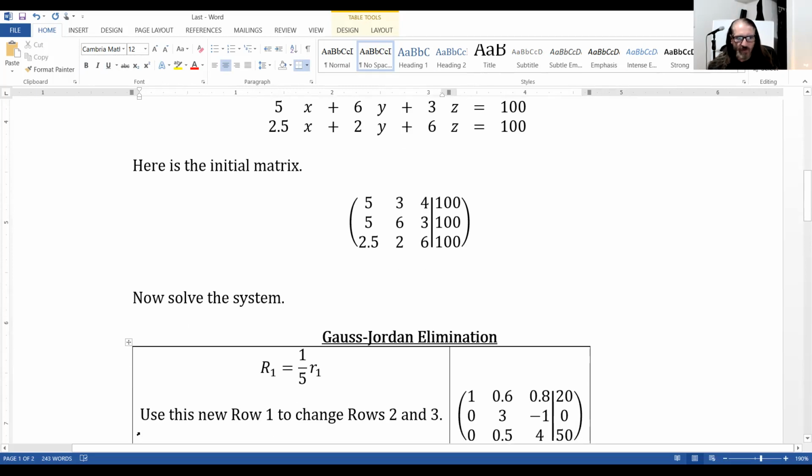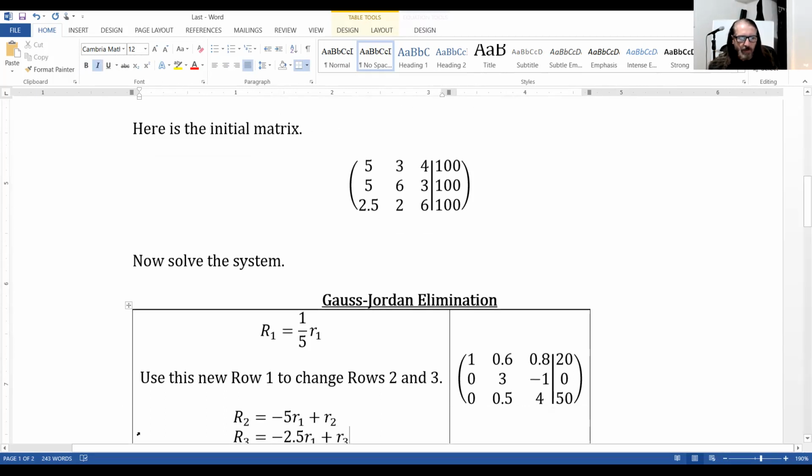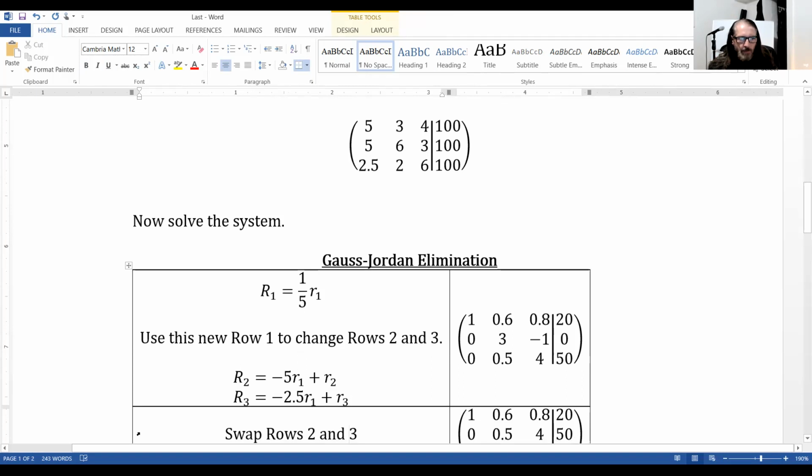And since dividing by 5 results in terminating decimals, I left those as decimals instead of converting them to fractions.